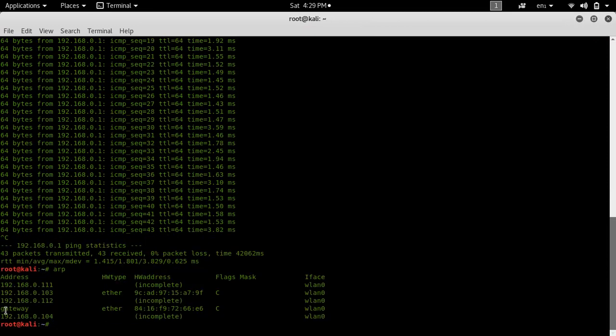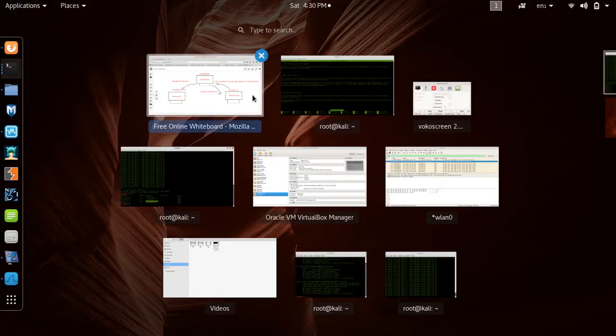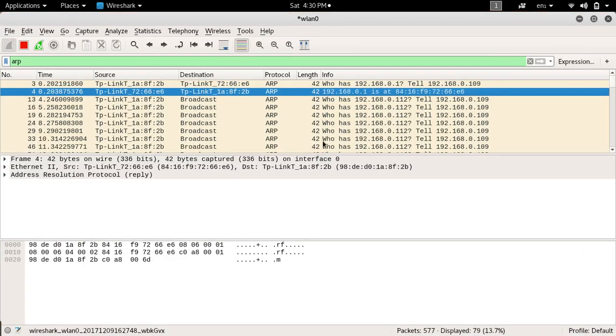So the corresponding MAC address of this gateway is this one. When we already know the corresponding MAC address, we won't be sending any more broadcast messages to find it out. It will simply check its ARP cache table.